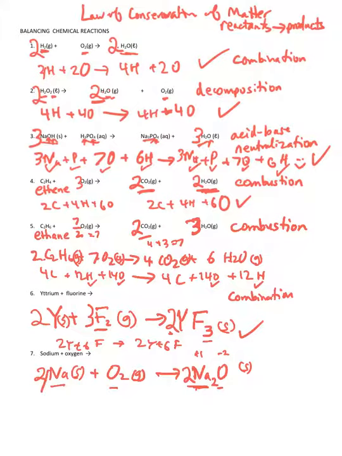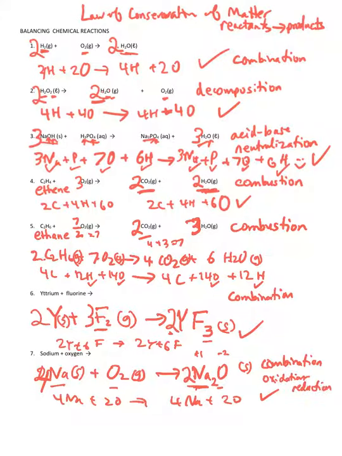We're going to come back and make that a 4 in front of the sodium. 4 sodium plus 1 O2 react to make 2 Na2O. We're balanced. We could call this a combination reaction. And although we didn't say so with the first one, the number 6, this is also going to be an oxidation reduction reaction. But more on that on a later date.